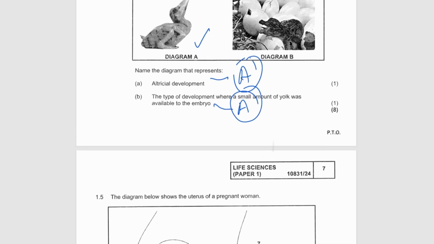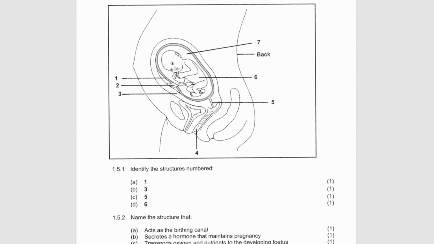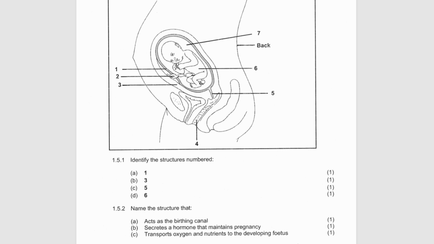Here they're saying you have all these labels. Yes, they're saying identify the structure number D1. Number D1 looks to be the amniotic sac.